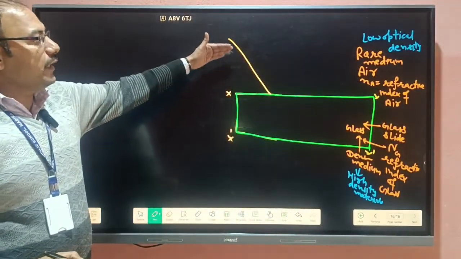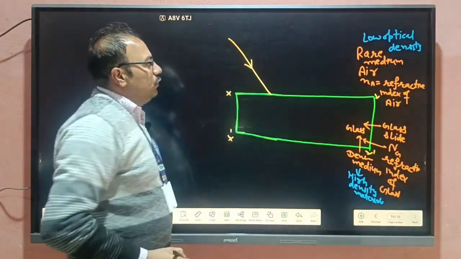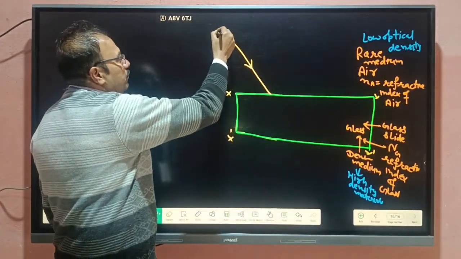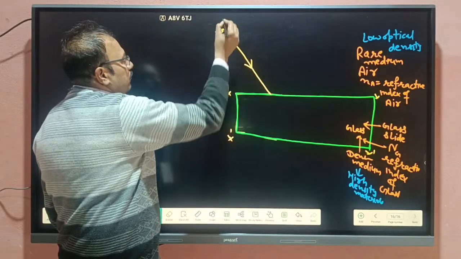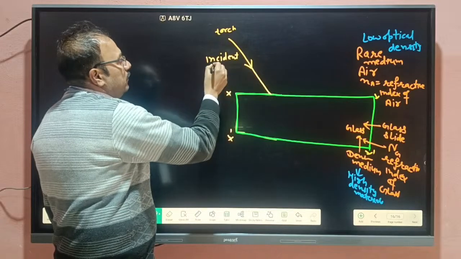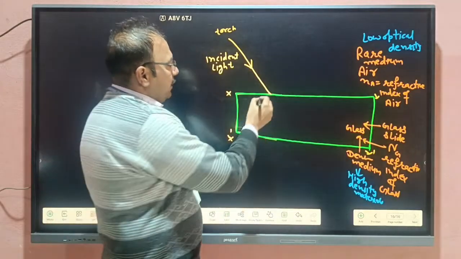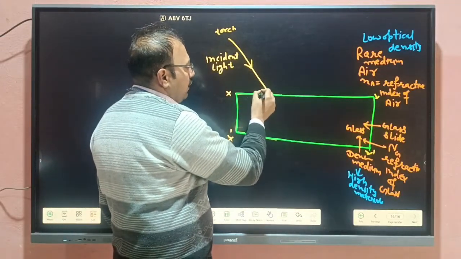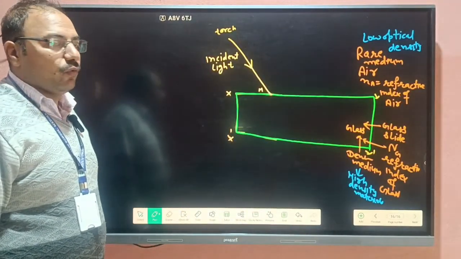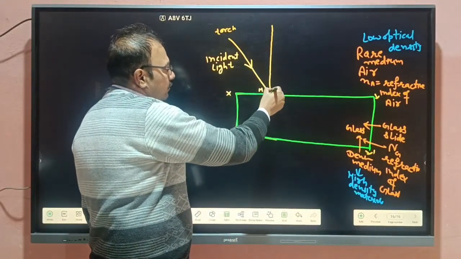The light strikes at the first interface. We mark it by an arrow. This is the incident light, produced by the torch. The light strikes here, and we mark this point M. At this point we draw the normal, a perpendicular.